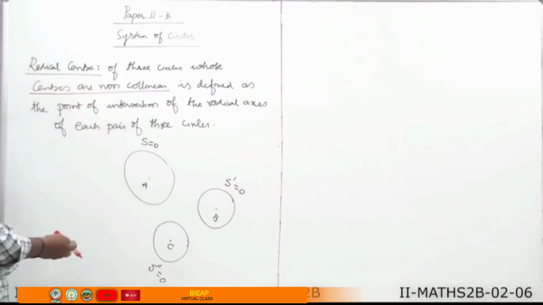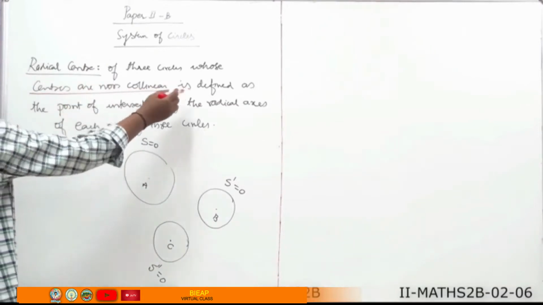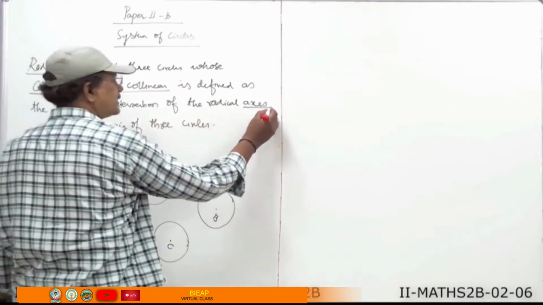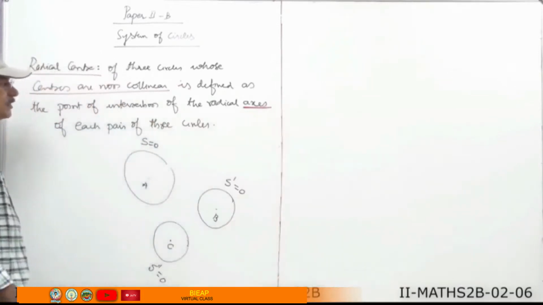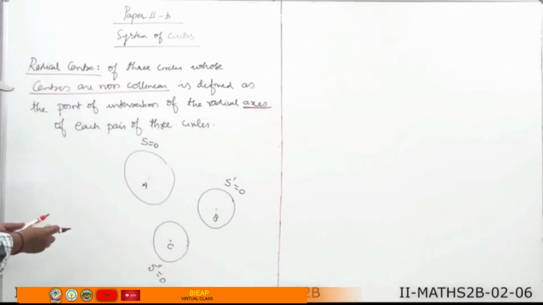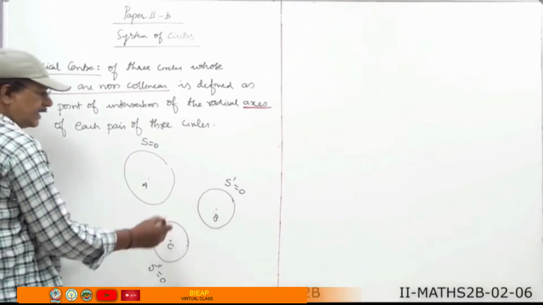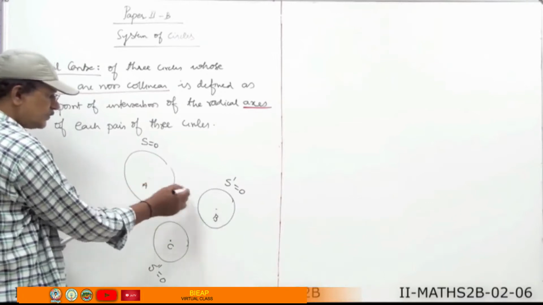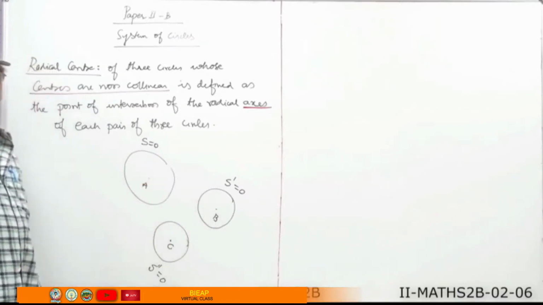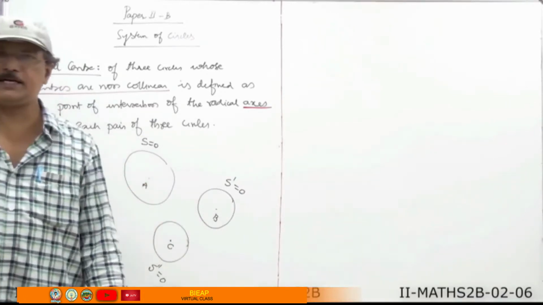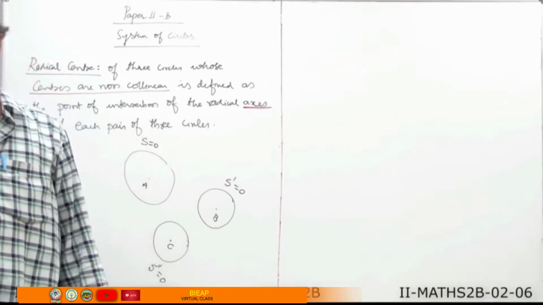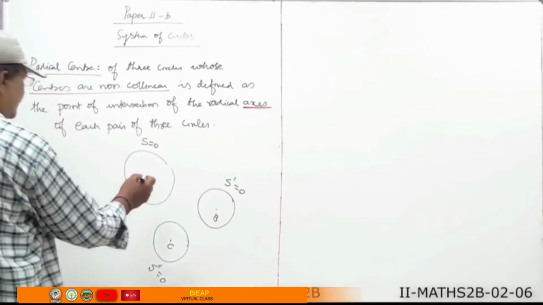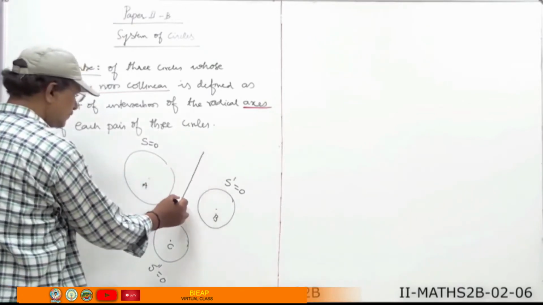Radical center of three circles is defined as the point of intersection of radical axes. So first of all I find the radical axis of the first two circles, because these two are non-intersecting. From the properties of radical axis, the radical axis lies between the circles.